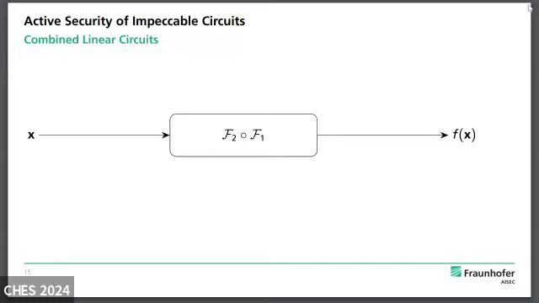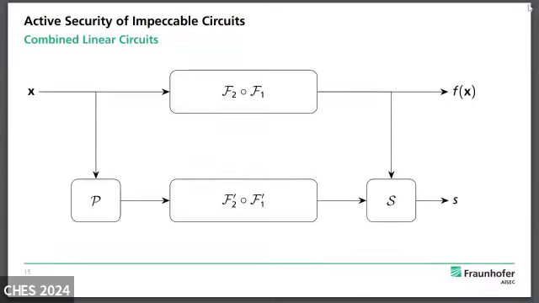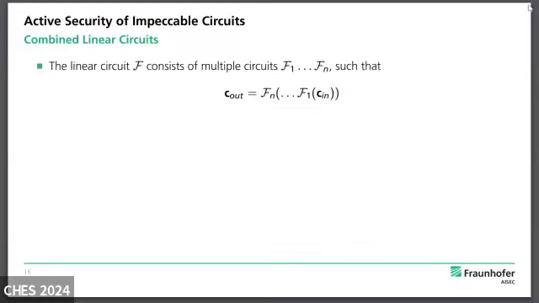If we have just a circuit with functions f1 and f2, we make it an impeccable circuit by encoding our input data and then having modified functions f1 and f2, and then having a checkpoint at the output. If we write that down as equations, it's pretty straightforward to see that the output of one circuit is the input to the next, and so on.